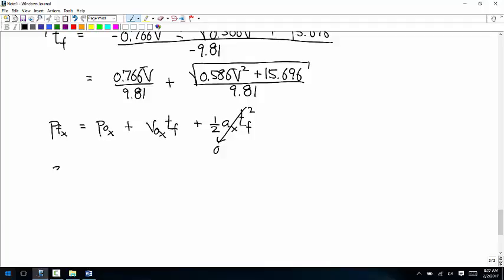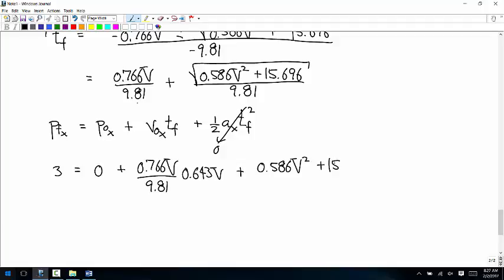And we have that 3 is equal to 0 plus 0.766 V over 9.81 times V0X, which was 0.643 V. And then plus this ugly thing over 9.81 times, again, 0.643 V. Holy moly.